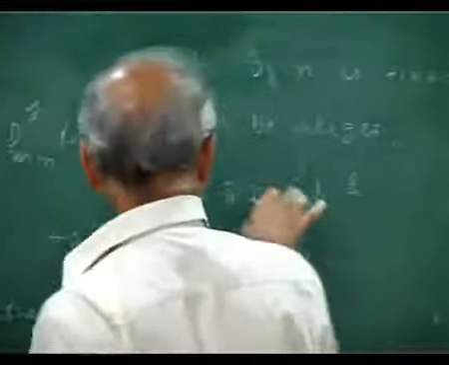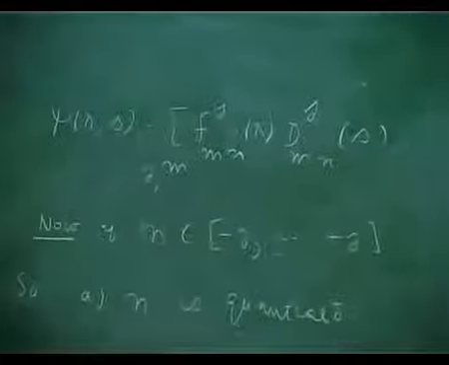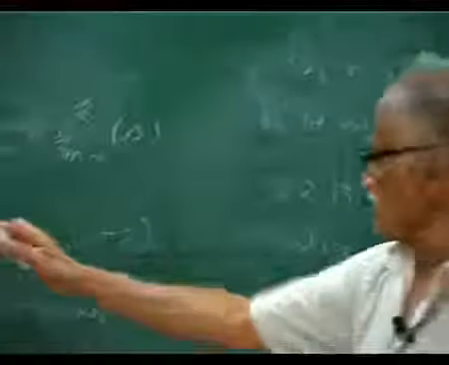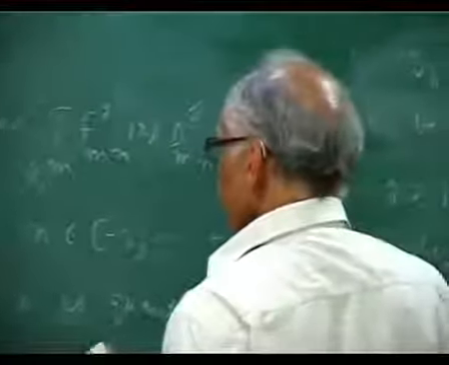So if you fix this n, the modulus of n will give you a lower bound on j, then you have to sum. So the summation here will be like this.